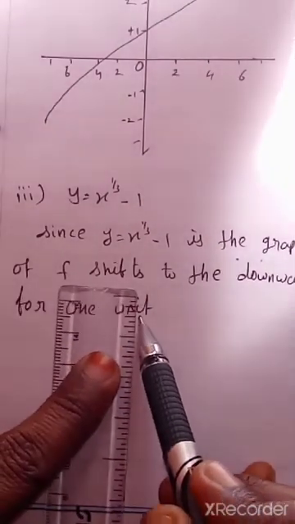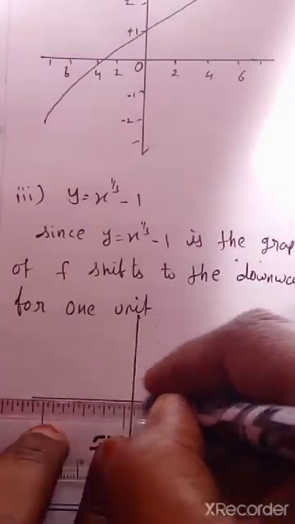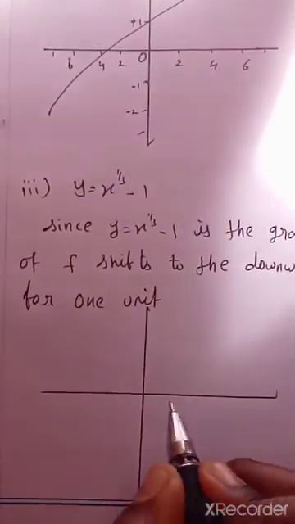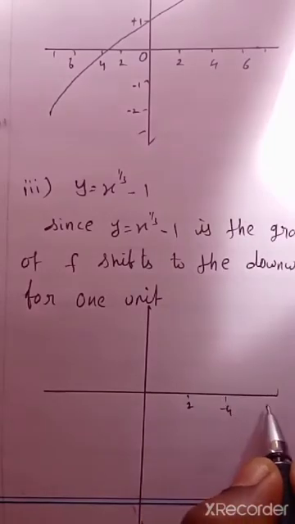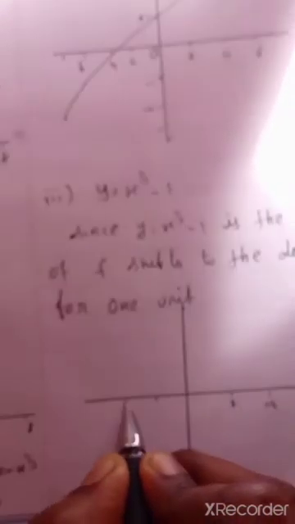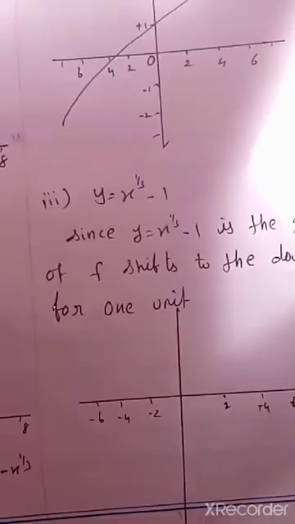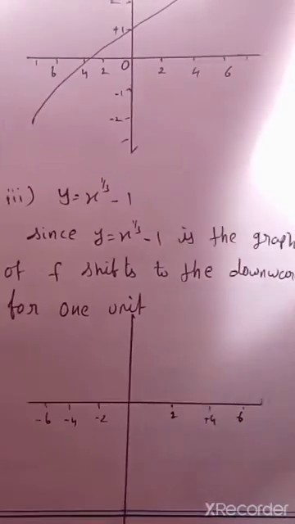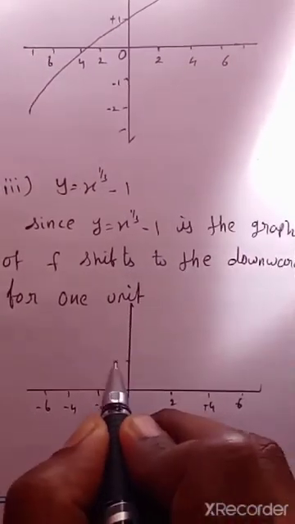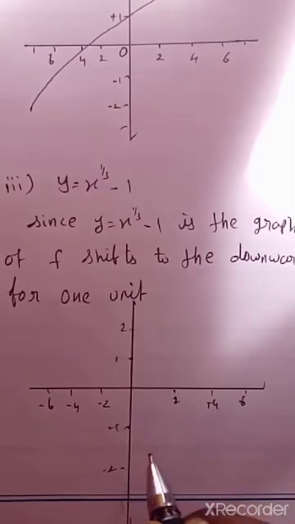So now we have to draw the graph. This is your x-axis, y-axis. Same points: 2, 4, 6, minus 2, minus 4, minus 6, right? 1, 2, minus 1, minus 2.